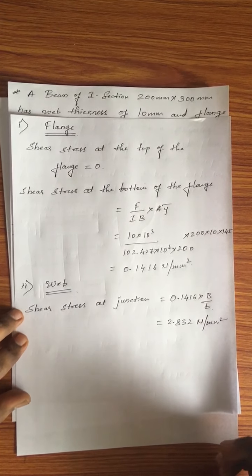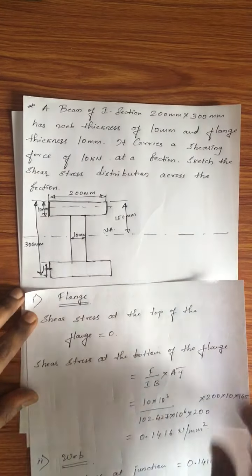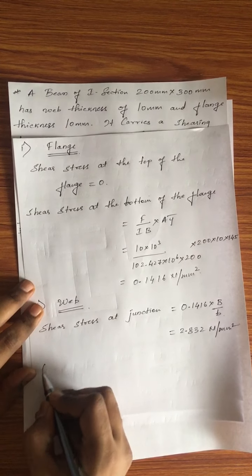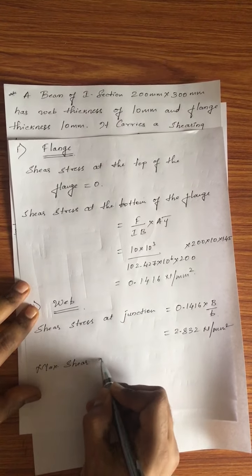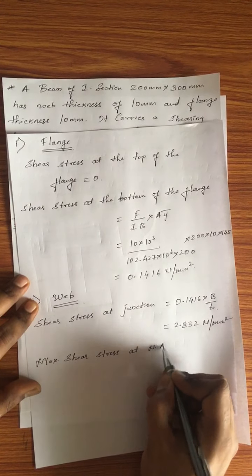So this is the shear stress at the junction, and next we need to find out is the maximum shear stress value which will be at the neutral axis, that is exactly here, and the formula to find that is, I'll just write down maximum shear stress at neutral axis.